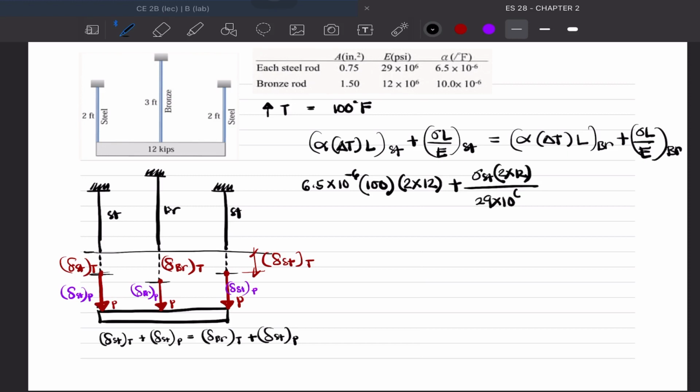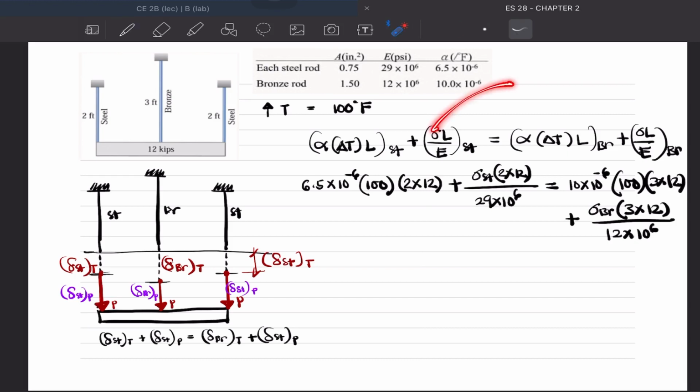times 10 to the power of 6 psi equals alpha for bronze rod is 10 times 10 to the negative 6 times 100. Length sa bronze is 3 times 12 plus stress sa bronze rod times 3 times 12 over E nga 12 times 10 to the power of 6.